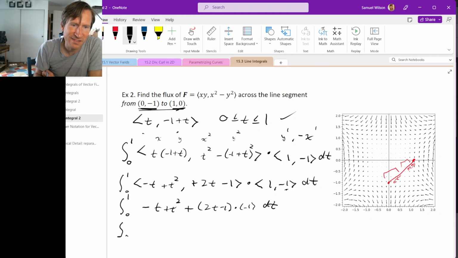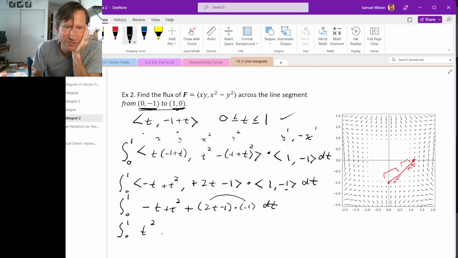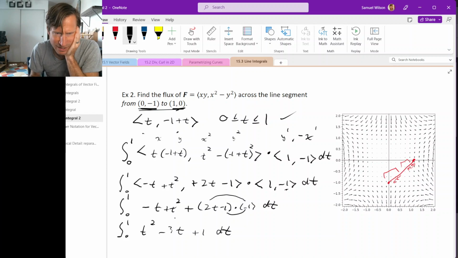Now finally this is a scalar, so we can simplify everything. So we have a t squared, we have a minus t, a minus another 2t right there, so minus 3t, and we have a plus 1 right there, dt. Okay, so did I get that right? Minus t plus t squared minus t minus another 2t and plus 1.